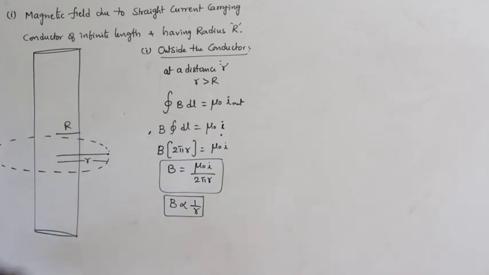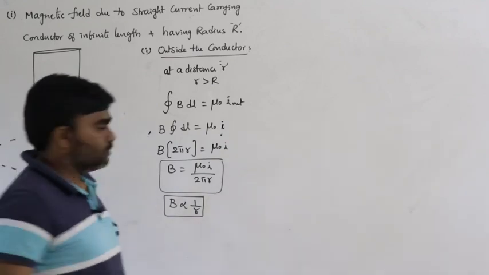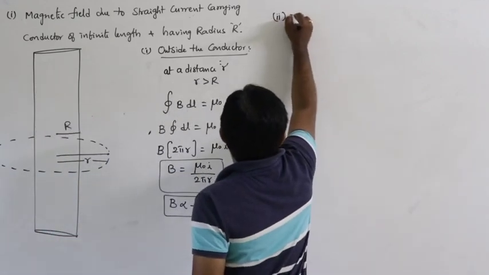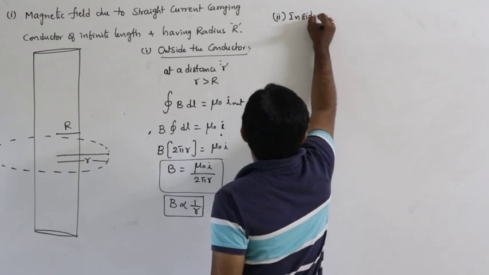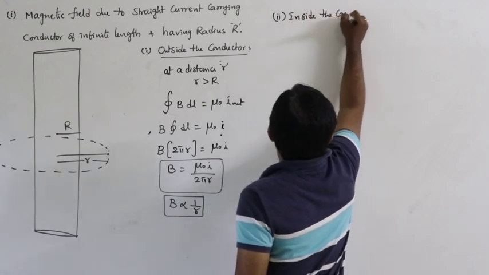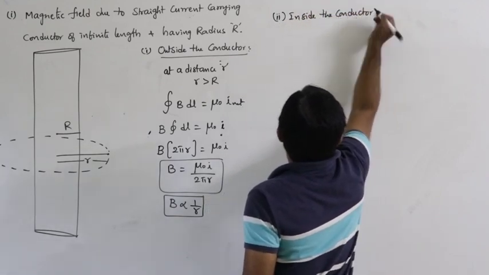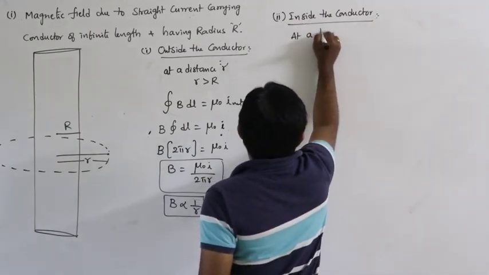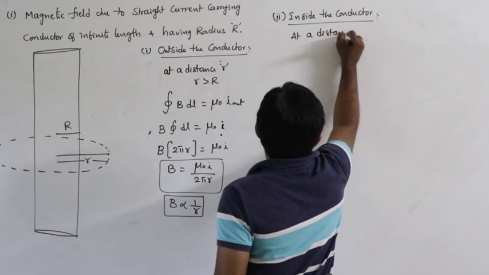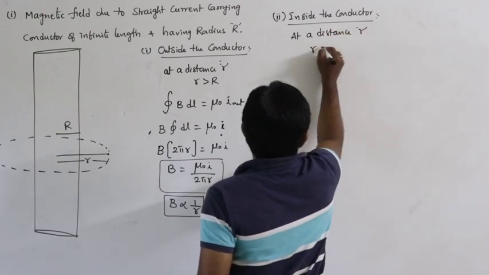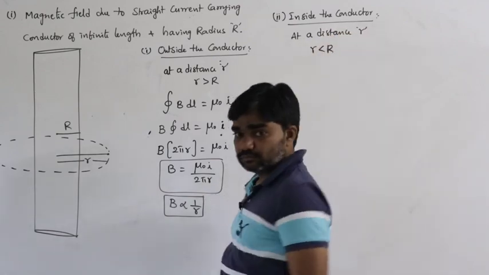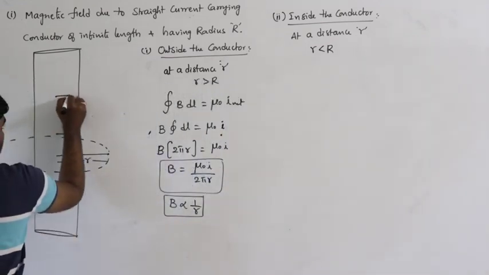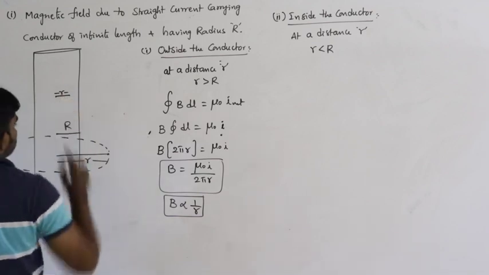So this is one thing, the outside of the conductor. And second, inside the conductor, at a distance small r, where small r is less than capital R. Let us say this is the distance small r.